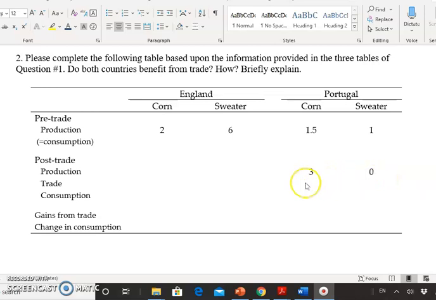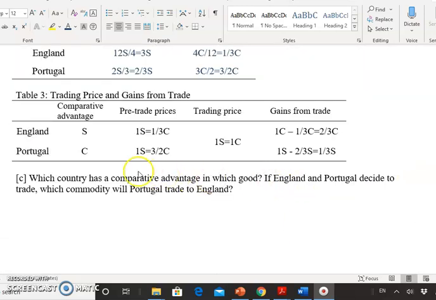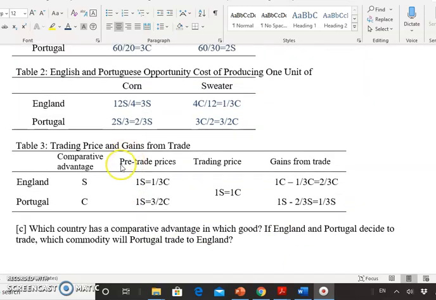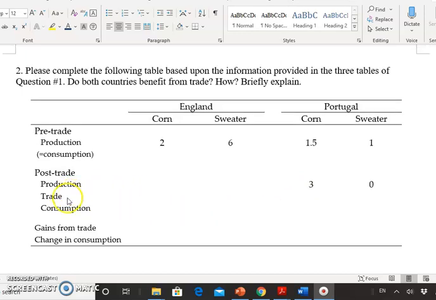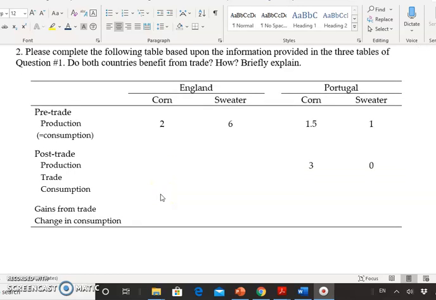If you remember in the previous question, we already said that Portugal has a comparative advantage in corn production. That's why it spends all 60 units of labor producing corn. Then we would like to check how much they would like to trade with each other. In other words, exports and imports: how many units and what good.